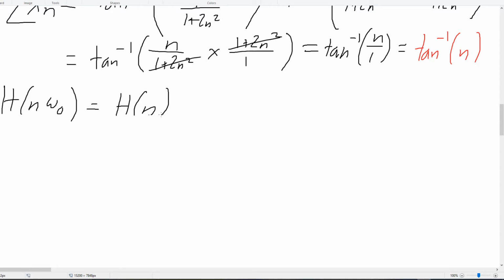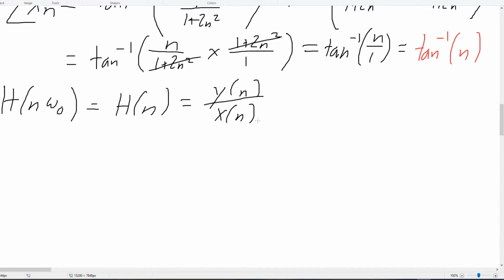Anyway, to find H(n), you're given this, right? Y(n) over X(n). The identity would probably have an omega 0 over here, but we know that omega 0 is 1. So it's going to be Y(n) over X(n). Alright.